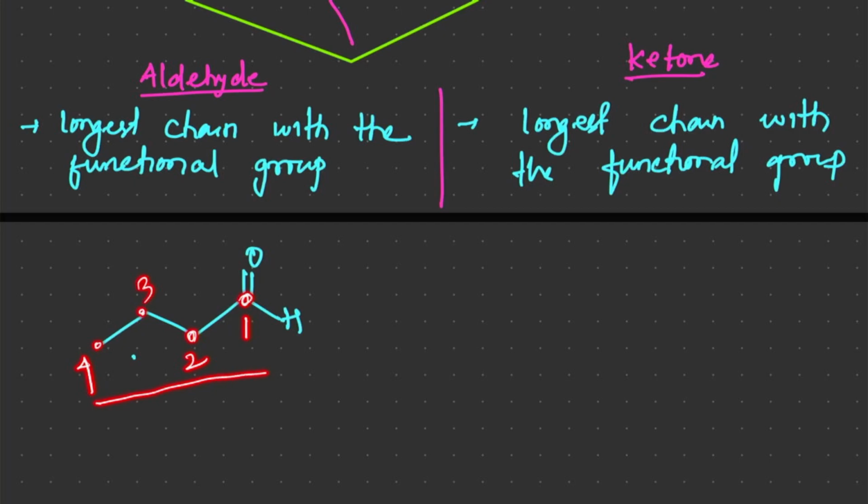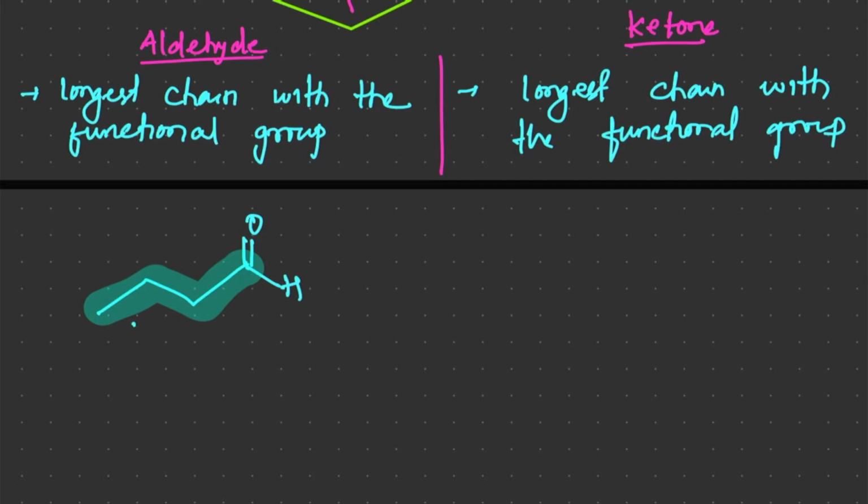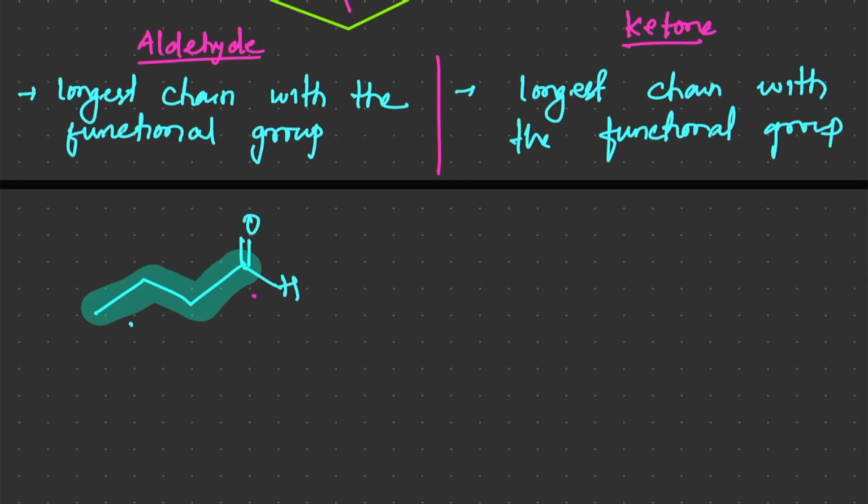So we've got 4 carbon atoms, and that's our longest chain. You're going to include the aldehyde carbon atom. So we have 4 carbon atoms.